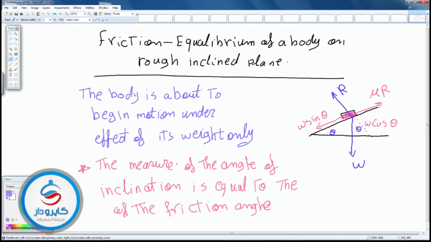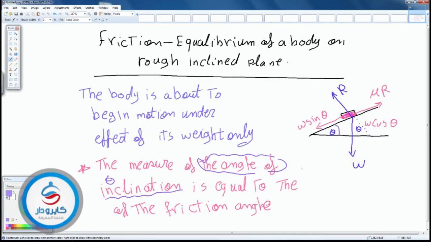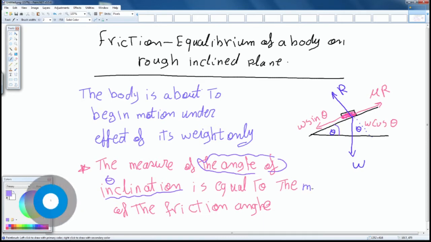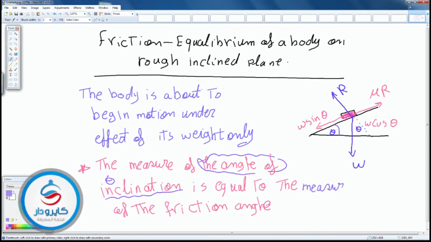The measure of the angle of inclination, دي means theta اللي هي دي, right, equals the measure of the friction angle اللي احنا كنا بنسميها لامدا.